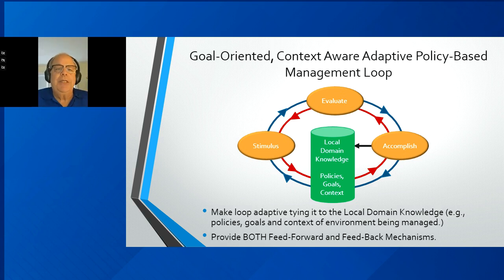When we do the analytics and evaluate the potential impact of the stimulus, again, we feed back and come up with some suggestions in the evaluation that might alter the system being managed. We feed those back into the stimulus and monitoring capabilities so that the stimulus capabilities are changed to reflect the suggestions that we have for modifying the system.